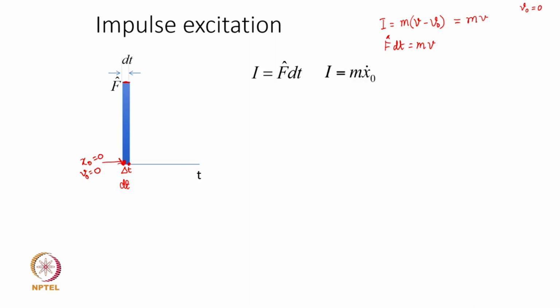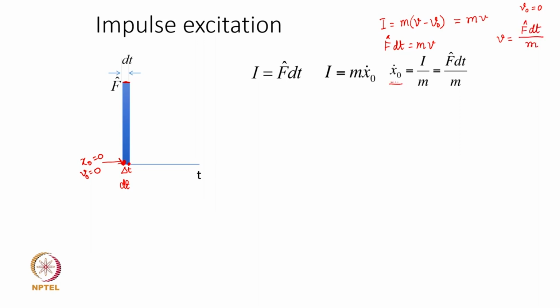Okay. So, v is written here as x naught dot, that is one and the same thing. So, I can get the expression for the velocity that I get as f cap dt over m. Okay.